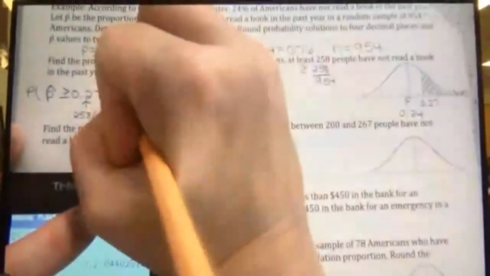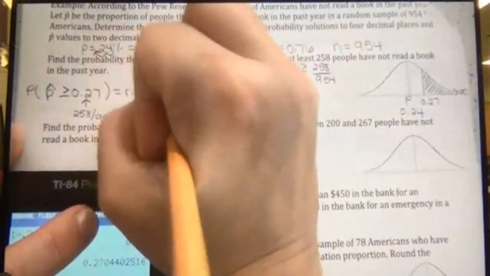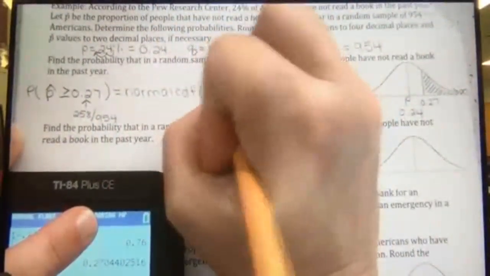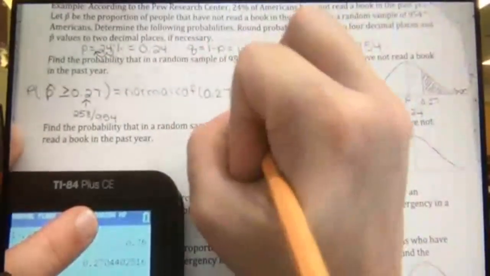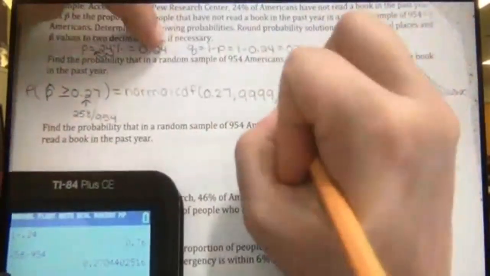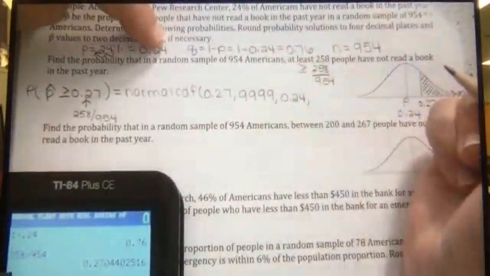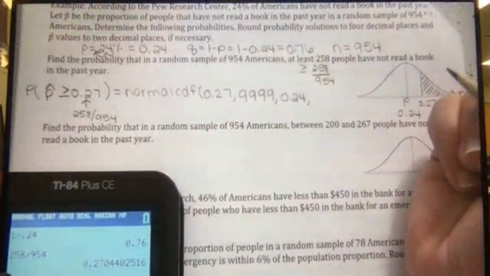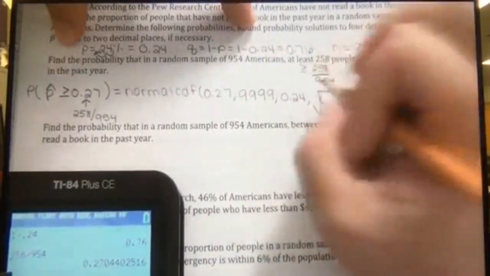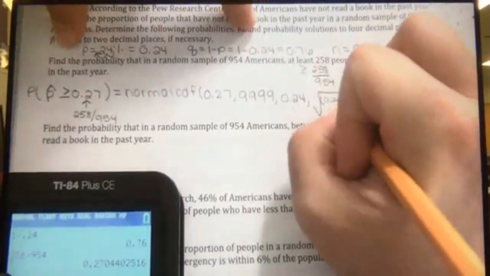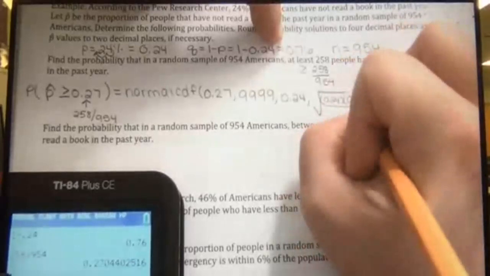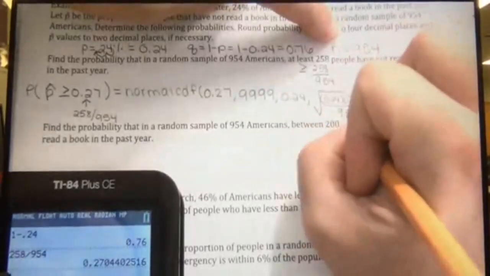So we have normal CDF. Our lower limit's 0.27. Our upper limit's infinity, so 99999. Our mean, which is our p-value, is 0.24. And we're talking about a sample, so we have to use our sampling standard deviation formula, the square root of p, which is 0.24, times q, which is 0.76, divided by n, which is 954.